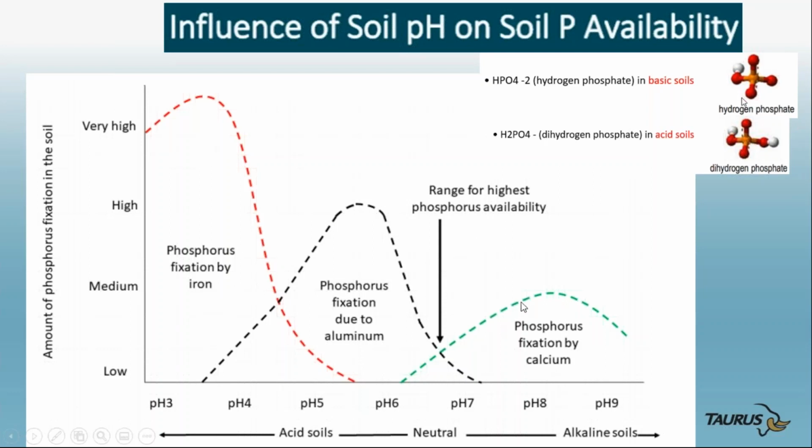As you move higher, above about 7.5, you get free carbonates, and it'll tie up that phosphorus.